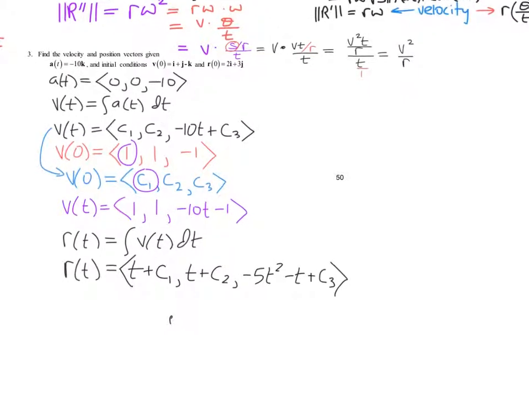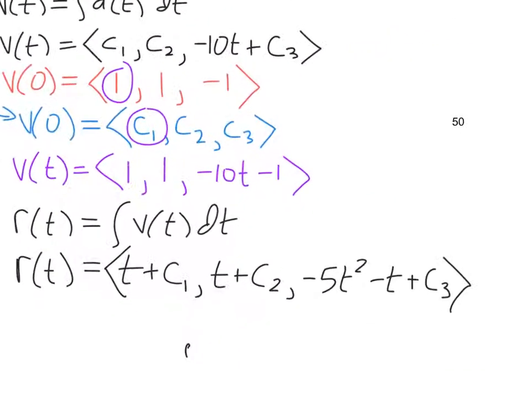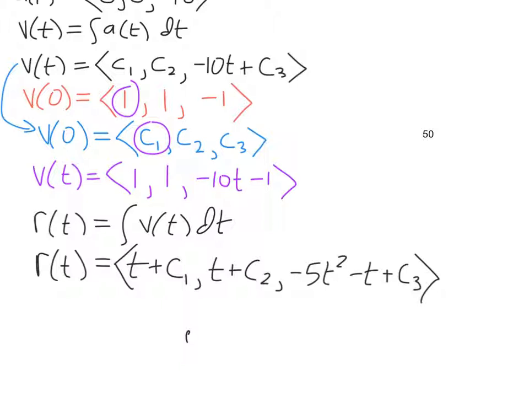r sub 0 is equal to 2i plus 3j. So that's telling me that r sub 0, 2, I got a little stray mark here. Oh, it's stuck. Yo. Where'd you get the ones from? Is that just chose them to be C1, C2, C3?